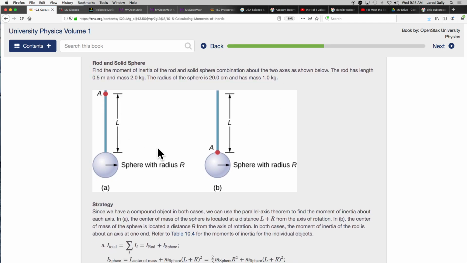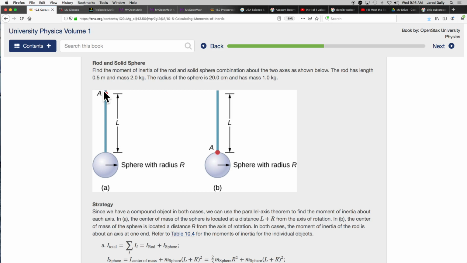So here they do an example where they have a rod instead of a disc on the end, they have a solid sphere. So a solid sphere has a different moment of inertia, and since it's going to go around and around at some distance away from the center point, it's like it's orbiting, and that orbiting is now going to make us use the parallel axis theorem. So the general rule of thumb when you're dealing with moments of inertia is to say, is the object rotating around some point on or in the object?